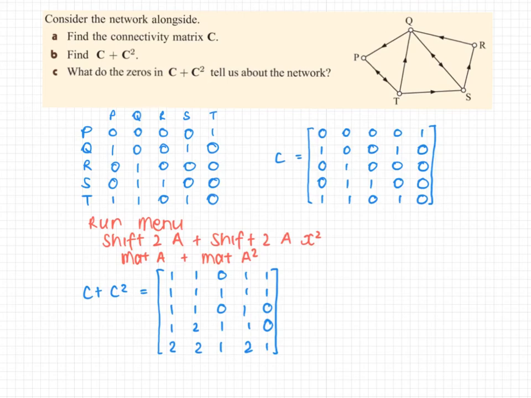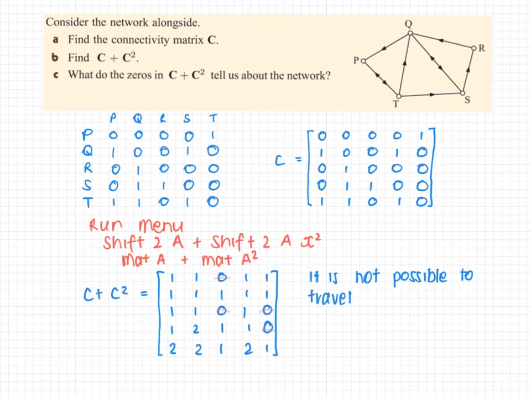Alright, so when it asks what do the zeros mean, we can see we've got zeros here, here, here, and here. What that means at the moment is it is not possible to travel between the nodes in 2 steps or less.